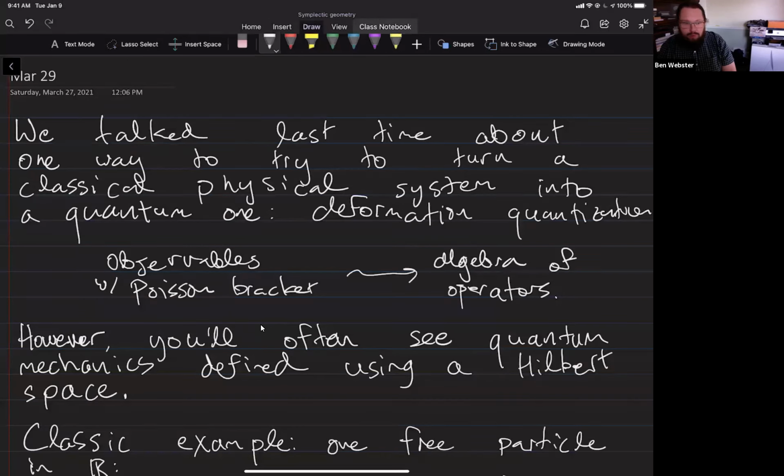That's not usually what you'll see people do in quantum mechanics. Instead, they try to construct a Hilbert space and think of the operators as actual operators on that Hilbert space.